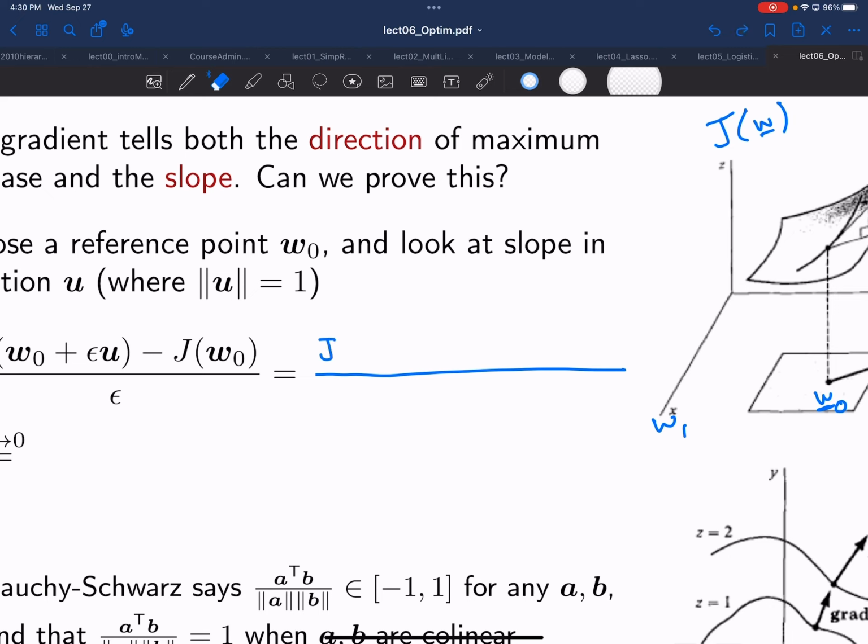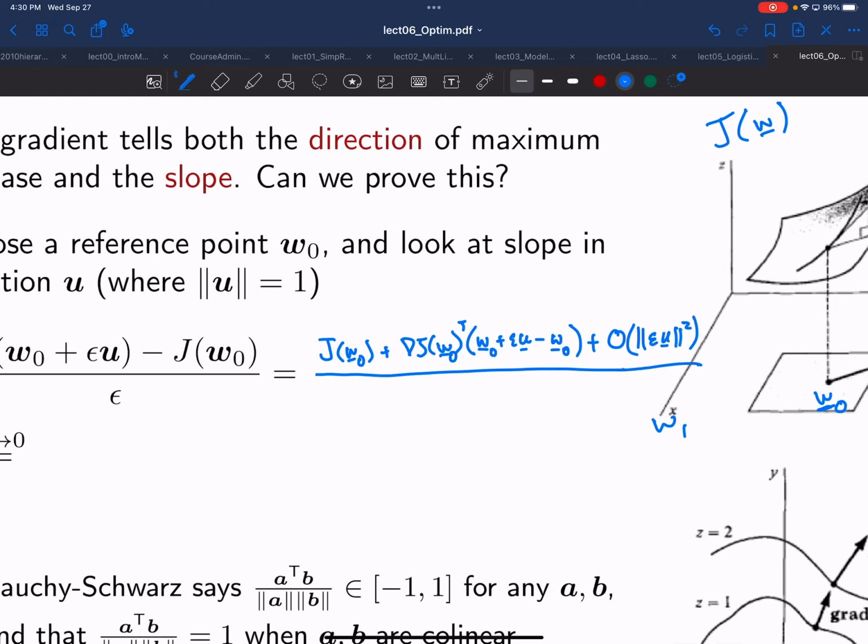We have the Taylor series: J(w0) plus the inner product of the gradient of J at w0, transposed, times the difference between w, which has this form, minus the reference, and we have our big O term, which is how far we are moving.